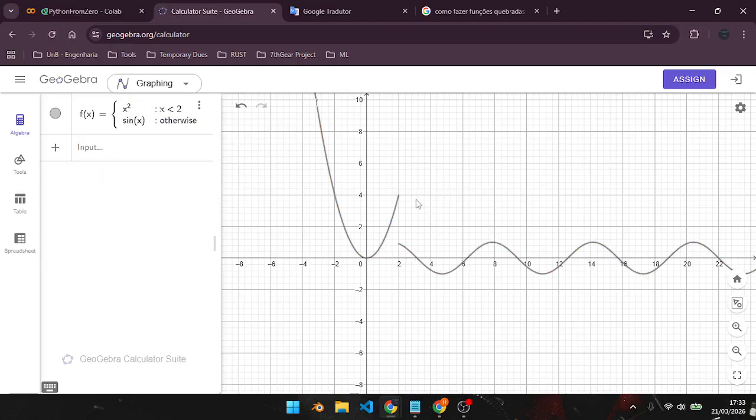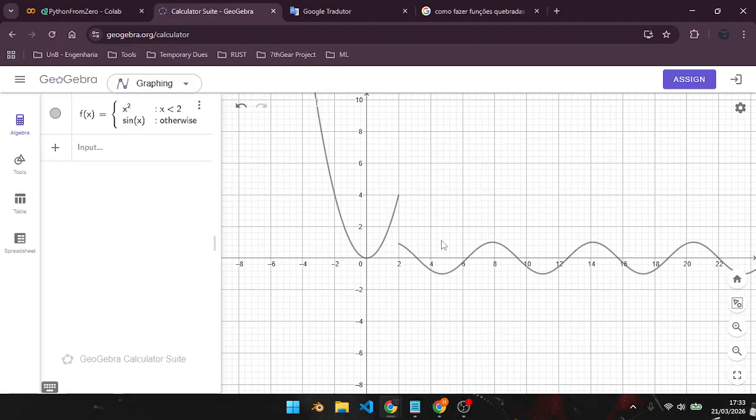As you can see here, I have a piecewise function. This means that it breaks and turns into something else from a certain point on, and that point is 2. And then you can very easily take the limit of that function when x tends to 2.